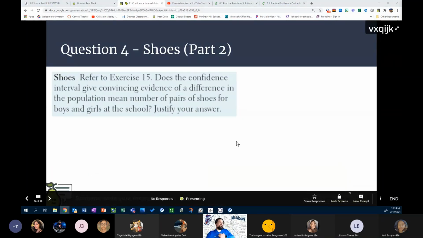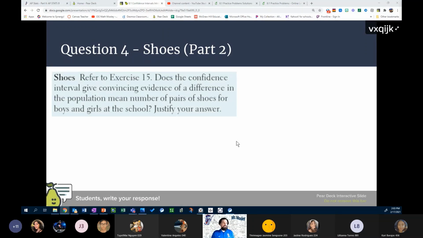All right. This is referring to the same kind of context from the previous question. Does the confidence interval, the 10.9 to 26.5, I should have had on the screen, I totally messed that up. Does that confidence interval give convincing evidence of a difference in the population mean number of pairs of shoes for boys and girls at the school?